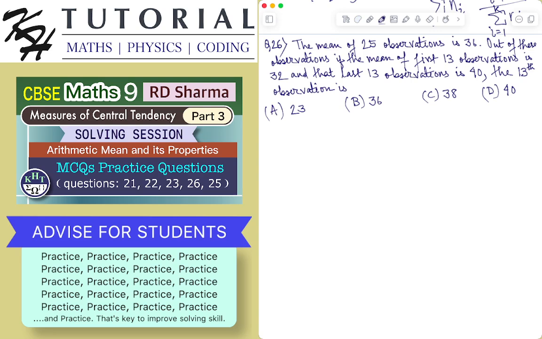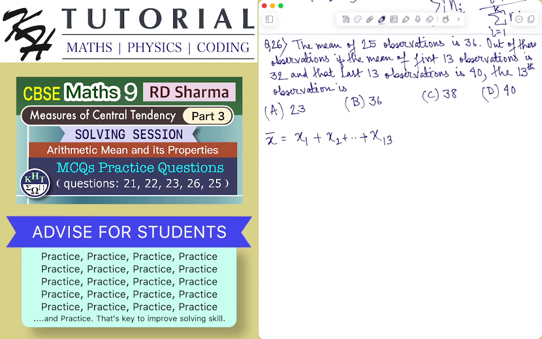Out of these observations, if the mean of first 13 observations, okay, so let's say what are the observations? x1, okay, so let's say the mean is x bar. So we have x bar is equal to x1 plus x2, like this, we will have x13.